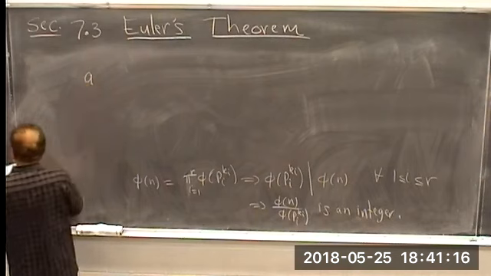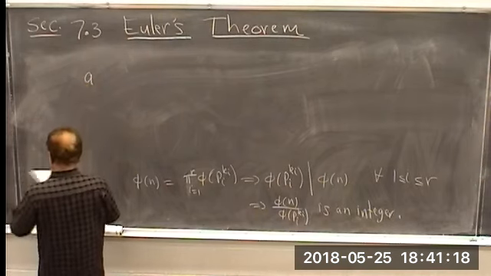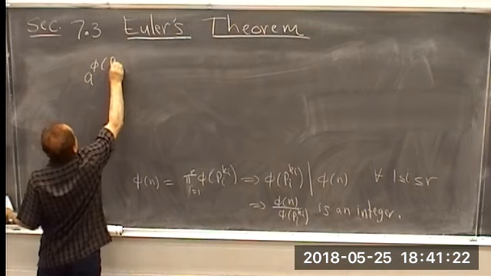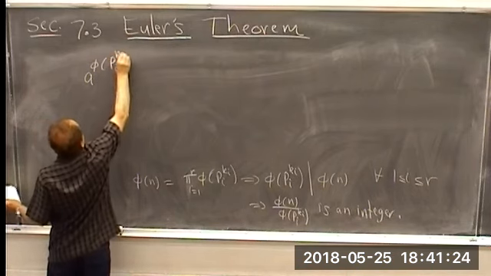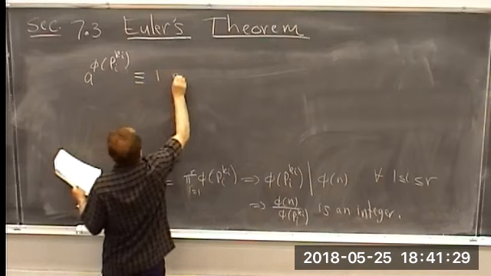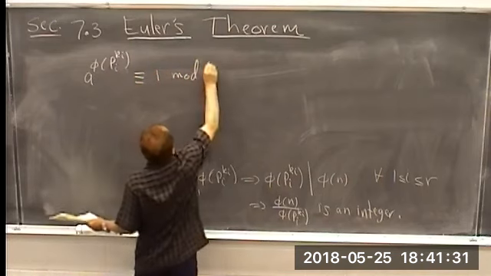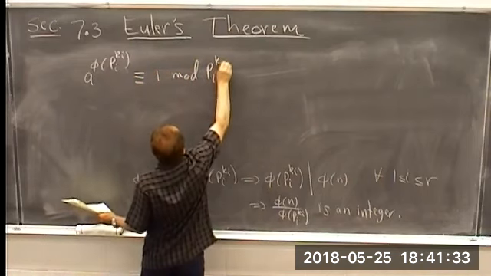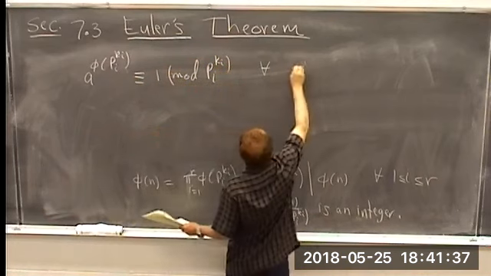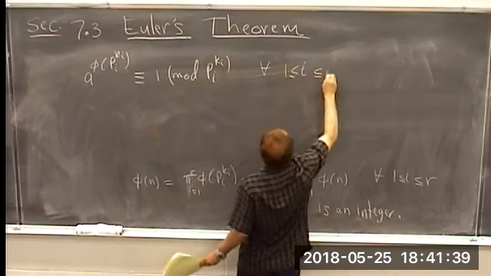So we have this: a to the phi of p_i^k_i is congruent to 1 mod p_i^k_i. This is true for every i from 1 to r.